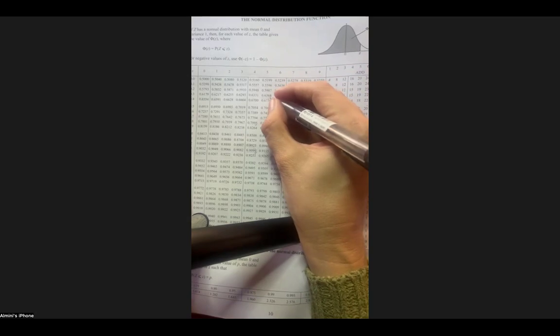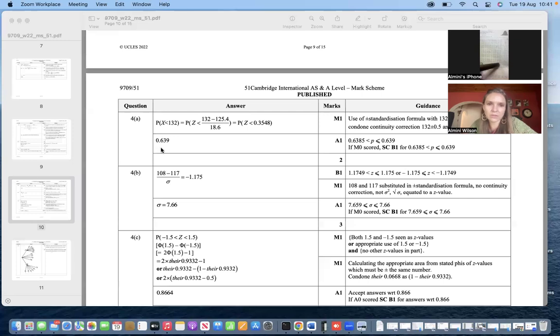I basically want to add almost like a 16 or a 17, maybe an 18 to my last two digits. So let's see what they added to get to the 0.63. Yes, I also get 0.63.